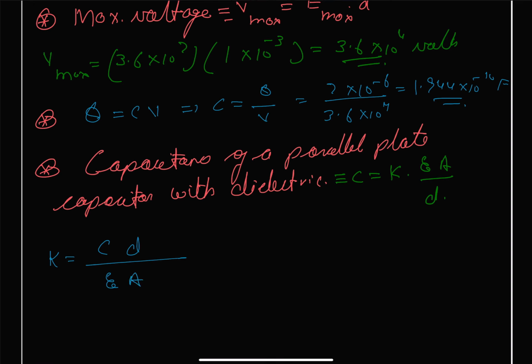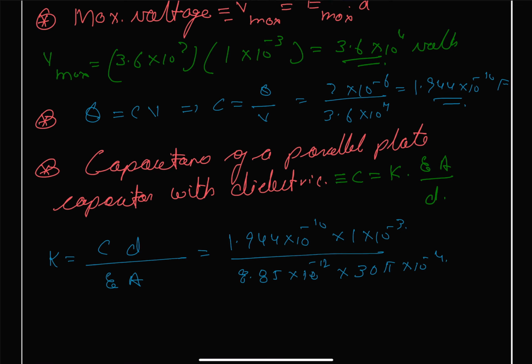We substitute the value. Capacitance is our 1.944 into 10 to the power minus 10. Distance is our 1 millimeter, that is 10 to the power minus 3. Epsilon naught is our 8.85 into 10 to the power minus 12 multiplied by area, which is given as 30 pi into 10 to the power minus 4.